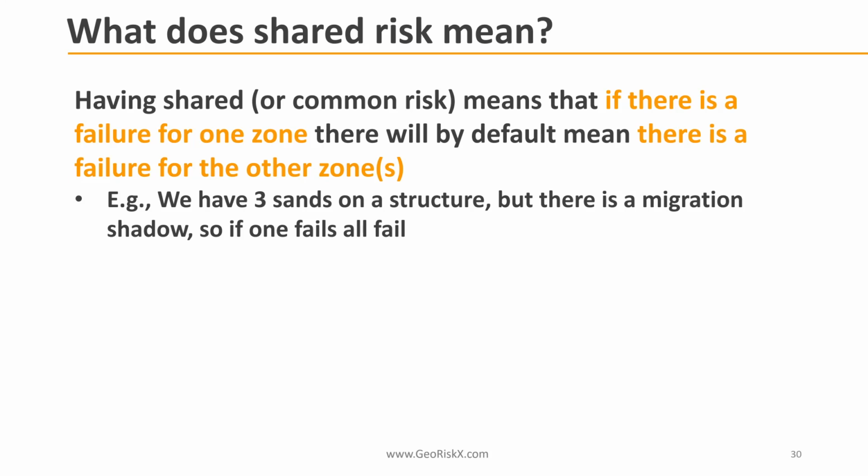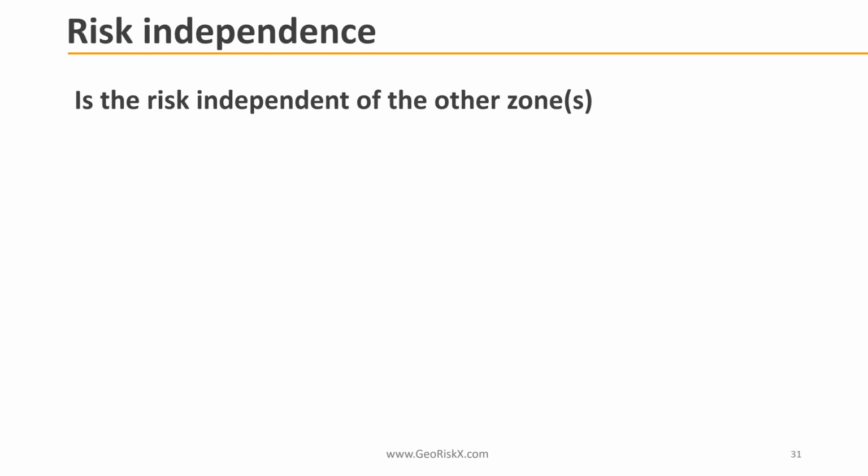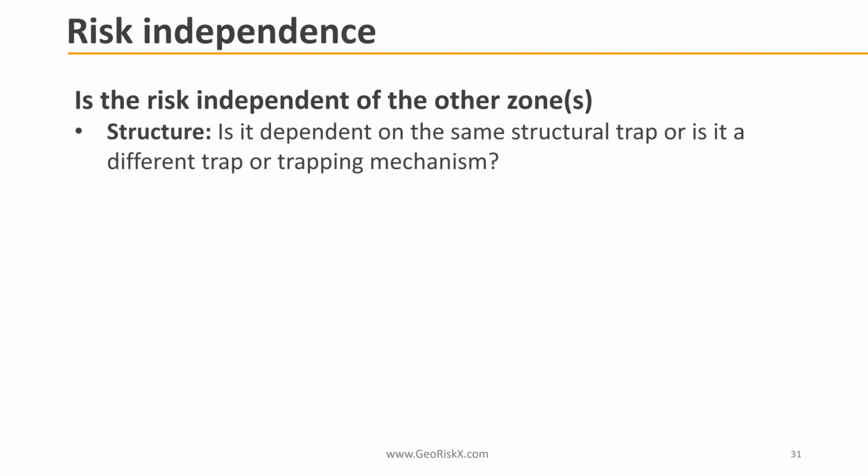Now let's think about risk independence. Is the risk independent of the other zones? Let's think about this for each hydrocarbon system component. For our structure, is it dependent on the same structural trap, or is it a different trap or trapping mechanism?